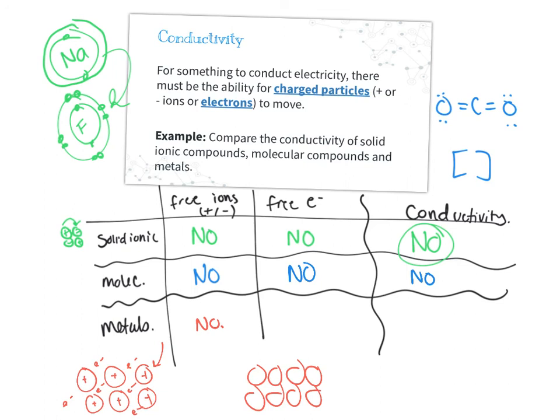Are there free electrons? There sure are. Remember, they are delocalized, in a sea of electrons. So they have a free particle that is able to move, and it will conduct electricity. So solid ionic compounds have no free charged particles. Molecular compounds have no free charged particles. And metals have free electrons so they can conduct.